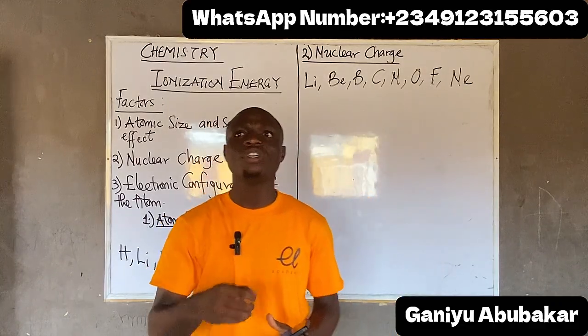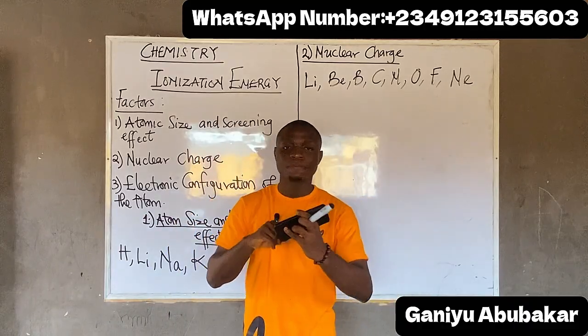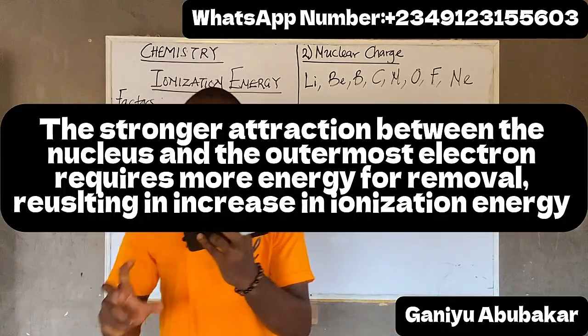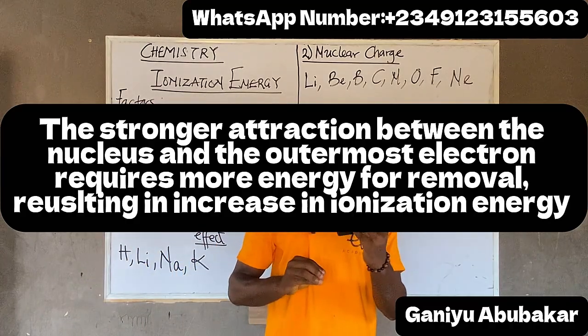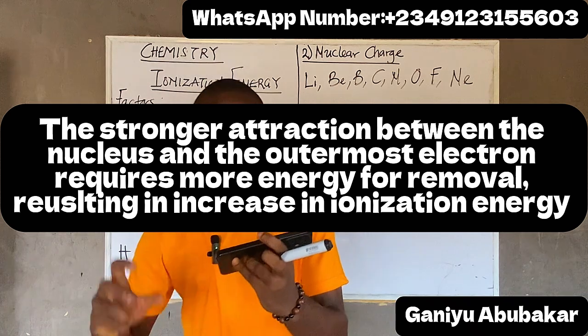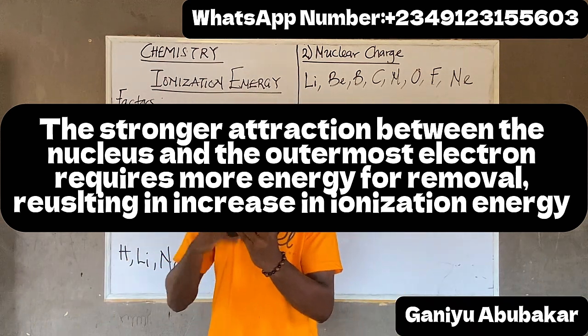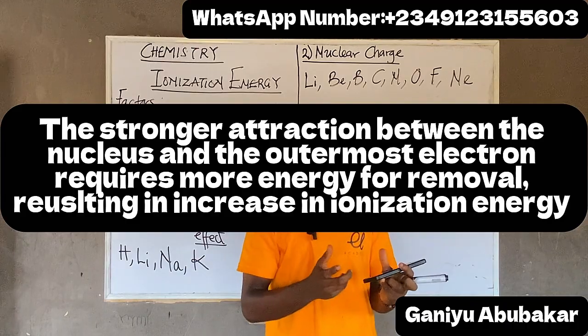closer to the nucleus, right? So copy this down, please. The stronger attraction between the nucleus and the outermost electron requires more energy for removal, resulting in increase in IE.